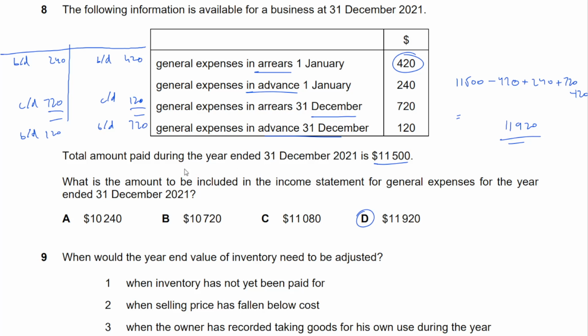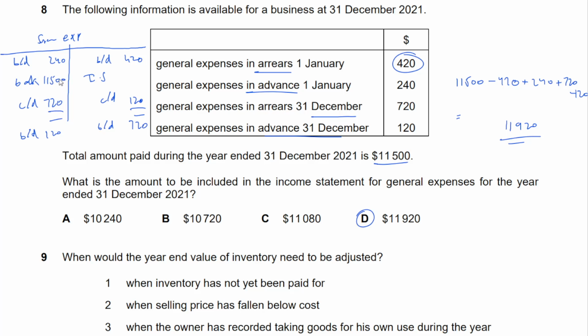What else do we know about it? We know that we paid 11,500. That means bank credit and this one debit. 11,500. That is our expense. General expenses. And the income statement transfer always appears over here, because in the income statement it's going to be debit, or here it's going to be credit. We're transferring.